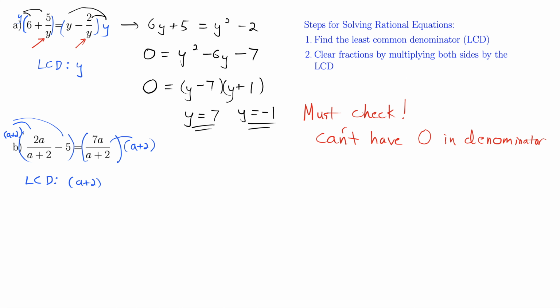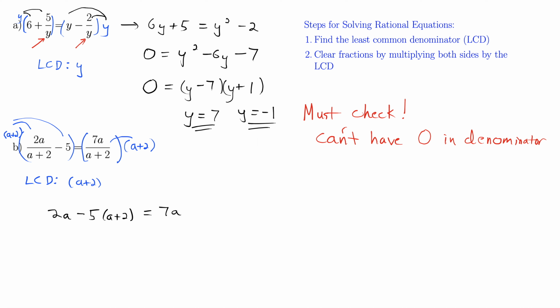In the first term it cancels out, so we're left with simply 2a minus, now we have 5 times the quantity a plus 2. Make sure you keep those parentheses in there for something like this. Equals on the right side, the a plus 2 simply cancel out, 7a.